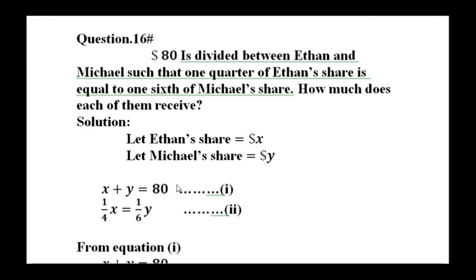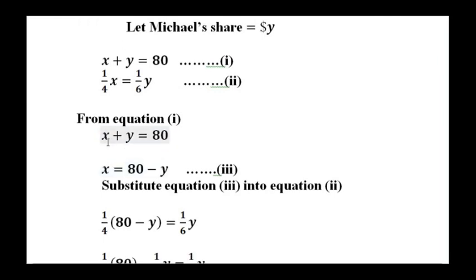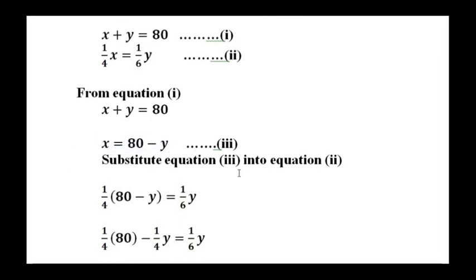I will solve this system of linear equations using the substitution method. So, from equation 1, which is x + y = 80, solving for x, we get x = 80 - y. Let's label this equation as equation 3. And let's substitute equation 3 into equation 2.